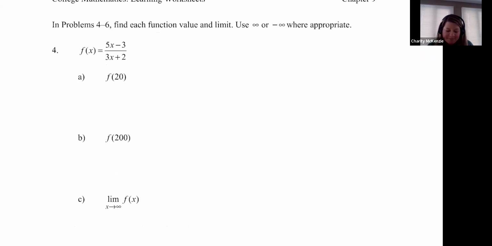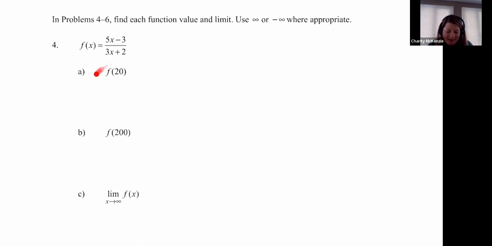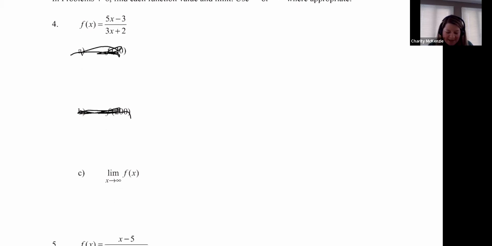So look at this one. What is different about this one is they are saying put in a value, but ignoring this, I'm going to actually just cross them out for now. I just don't really care. So I want you to look at just this because that's how it's going to be formed on your test.